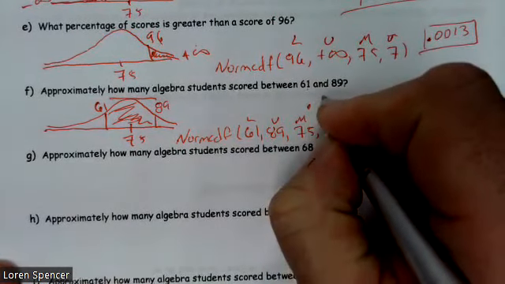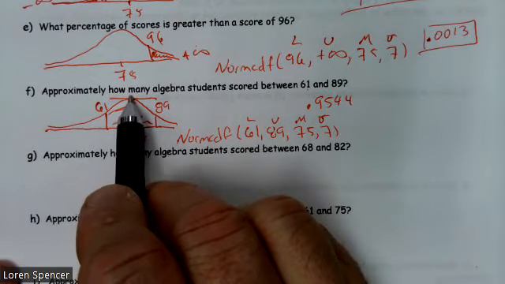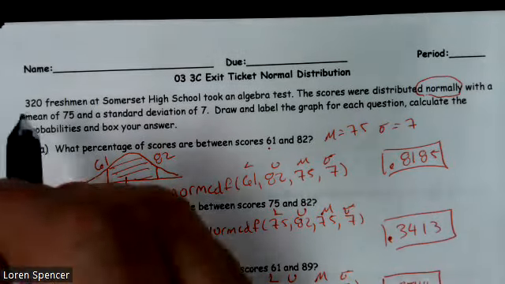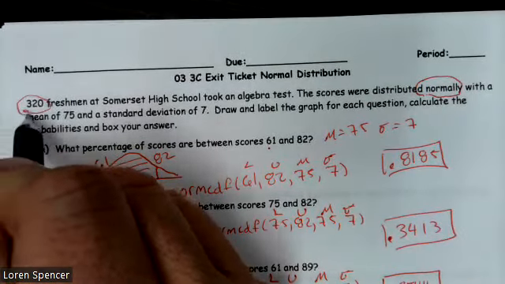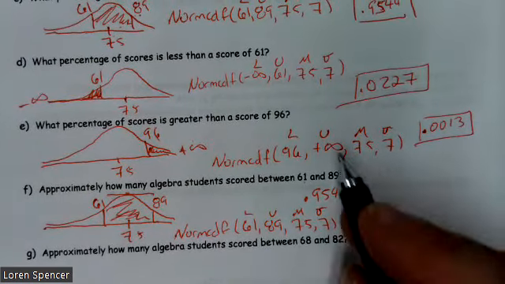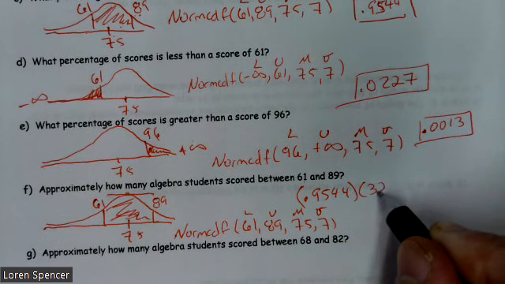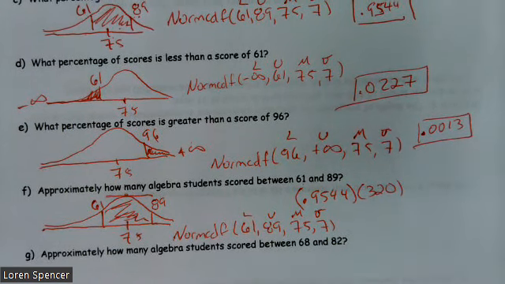But that's the probability, and that's not what they asked for. They asked for how many. Well, how many students were there? There were 320. So 95% of that 320. So we're going to take this 0.9544 and multiply it by 320.